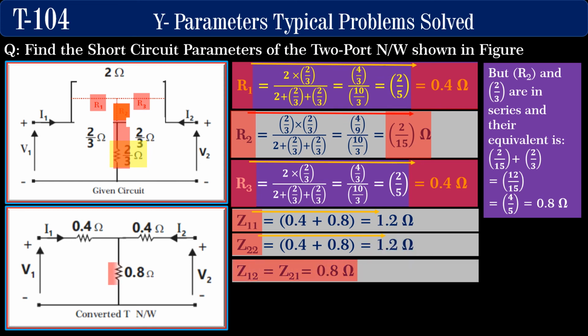And Z12 is equal to Z21 is equal to 0.8 because the network is reciprocal. So, the Z parameters obtained, if we write in the matrix form, we get Z is equal to 1.2, 0.8, 0.8, 1.2 ohm. So, using this Z matrix, I will show you how you can find the Y parameters in the proceeding discussion.